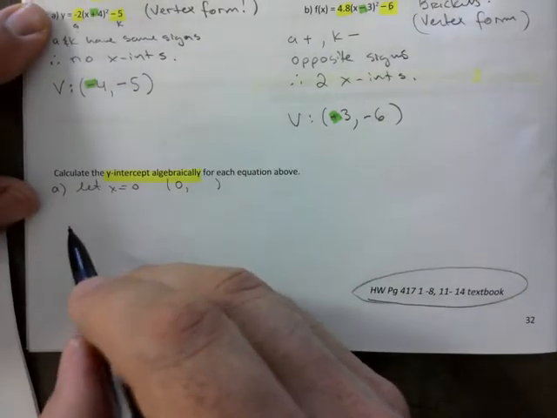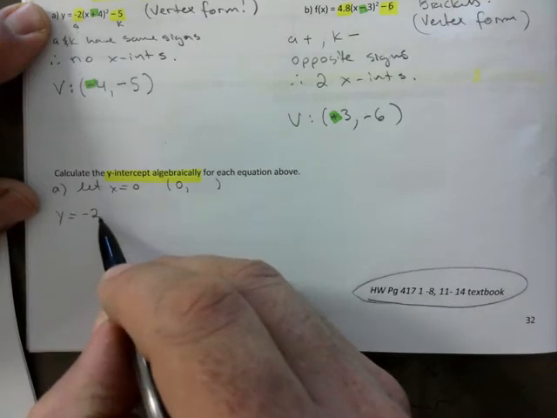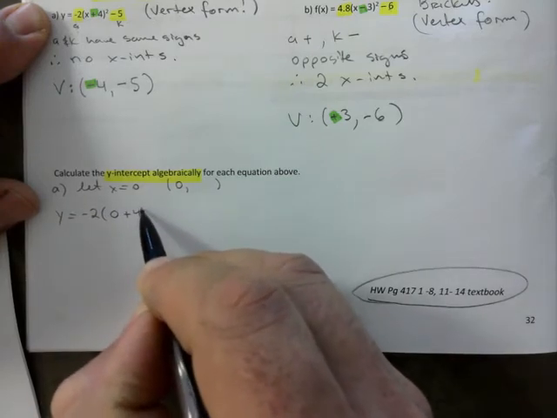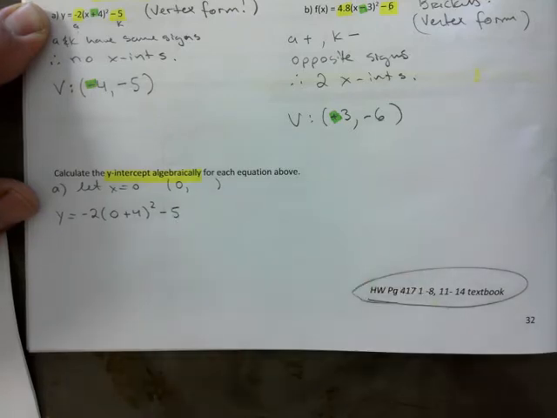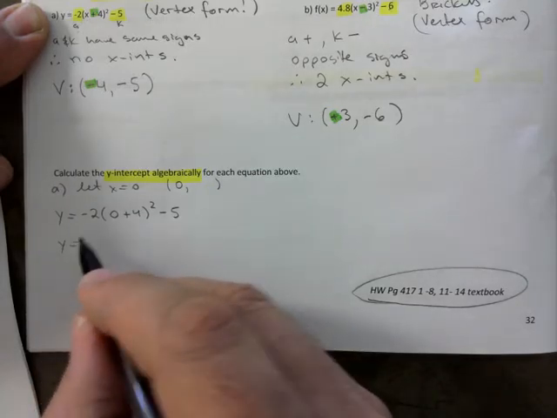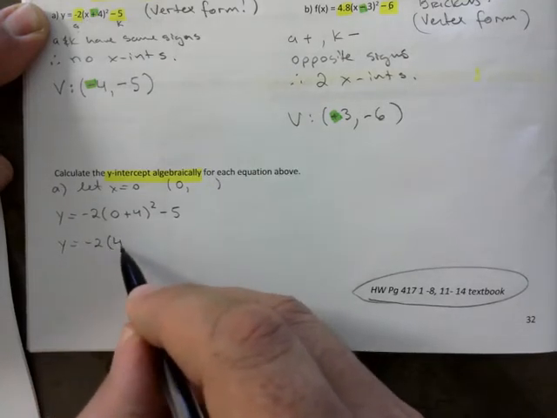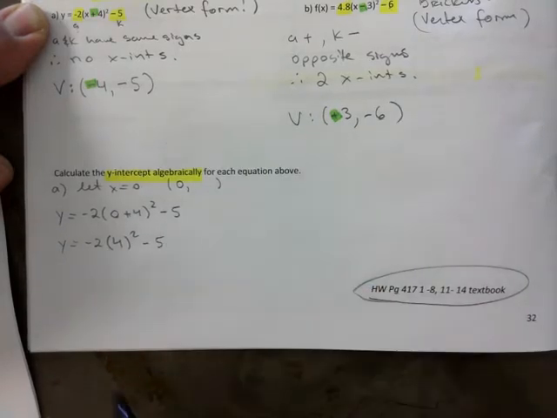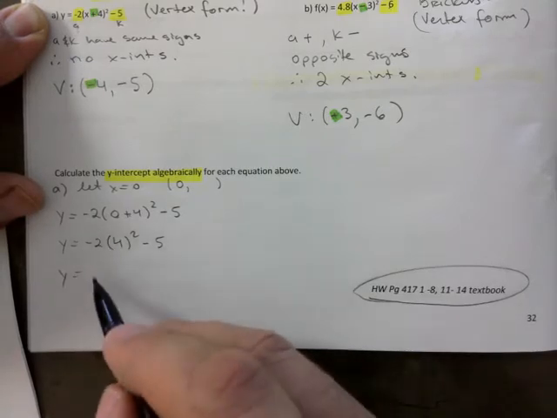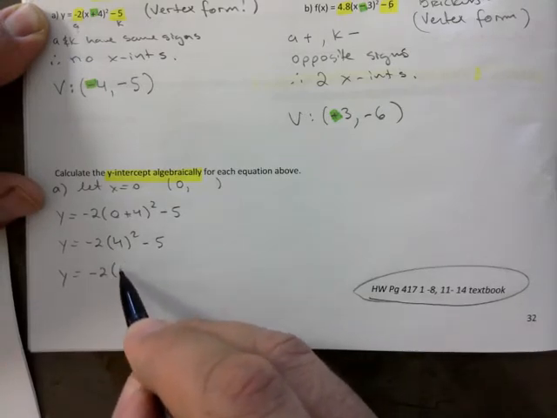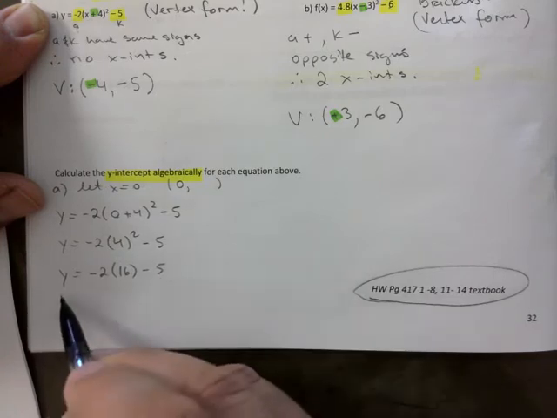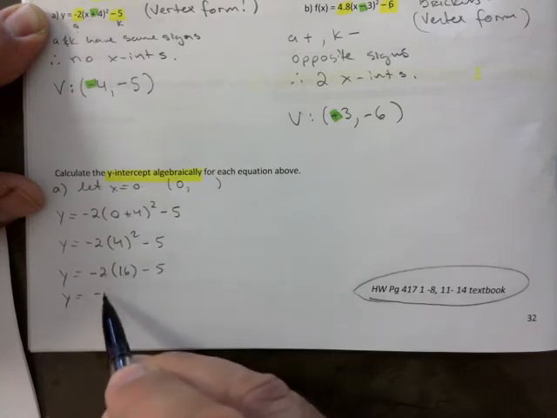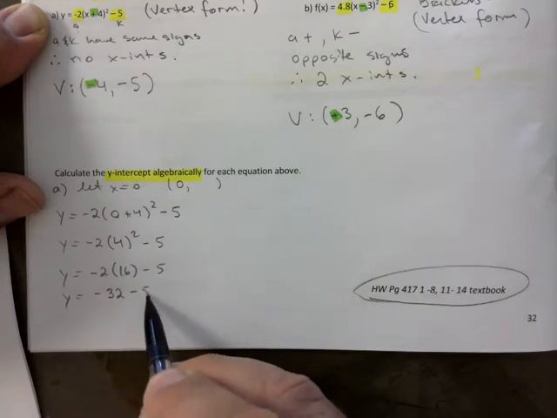So let's go up to the top here, and we just go y is equal to negative 2 times (0 plus 4) squared minus 5. We love zeros. When it comes to plugging in and solving algebraically, it's one of our favorites in math. 0 plus 4 is just 4 squared, minus 5. And we can keep going: negative 2 times 4 squared, minus 5. Negative 2 times 16 is negative 32, so negative 32 minus 5.